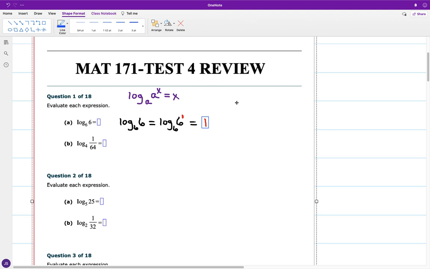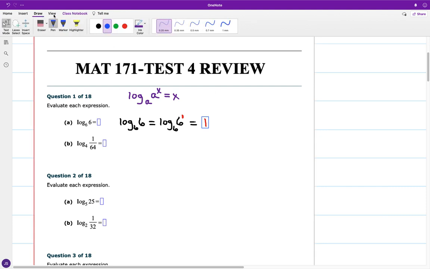For the second item, we have the base 4 logarithm of 1 over 64.